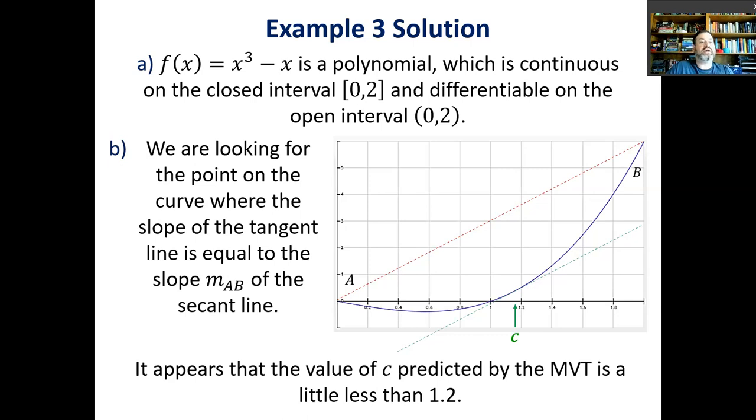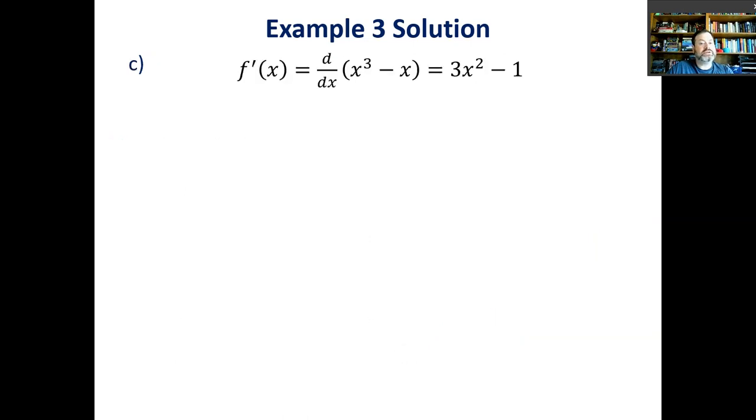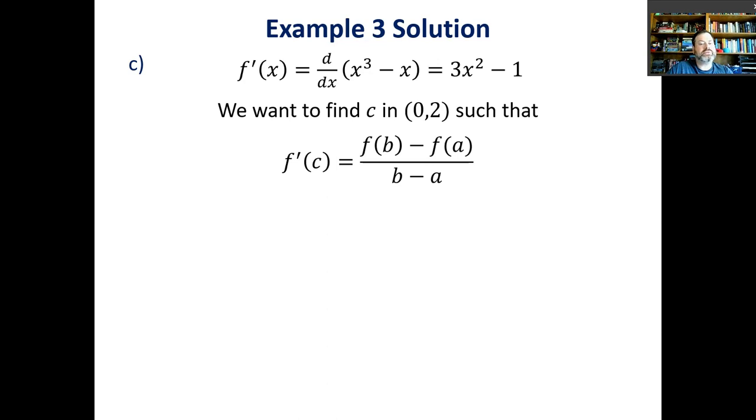Now we need to solve for that value, right? So continuous, differentiable is all we need. Then we need to solve. So we need to take the derivative and set it equal to the slope of the secant line. We want to find c in the interval 0, 2 such that the derivative is equal to the slope of the secant line.